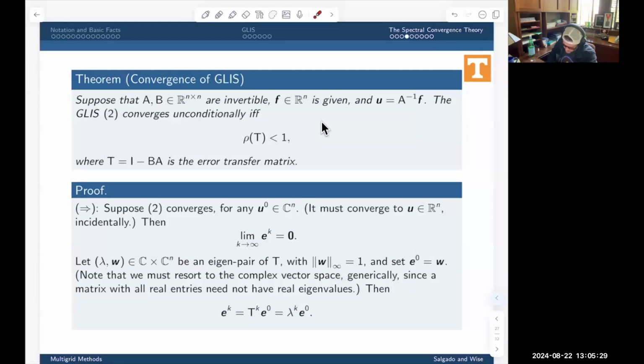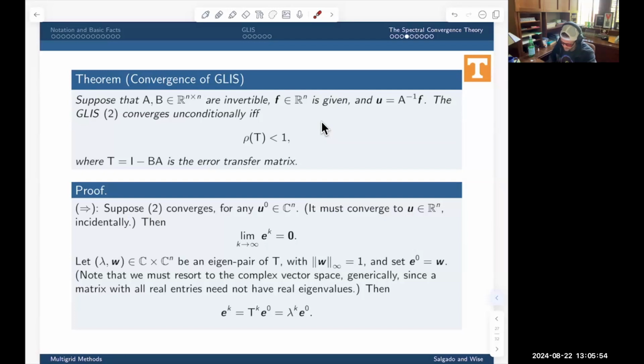Start by assuming that our general linear iterative scheme, which is equation 2, converges for any starting value. And by the way, if it does converge for any starting value, the only possible thing that it can converge to is U. That's just an aside. That's because it's a linear iterative process.